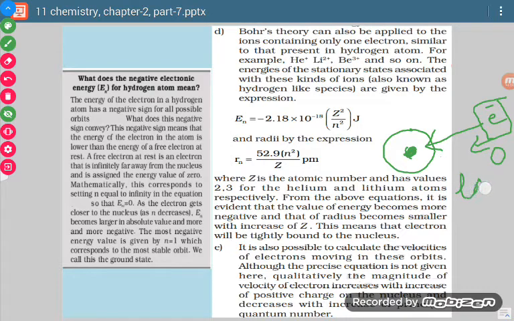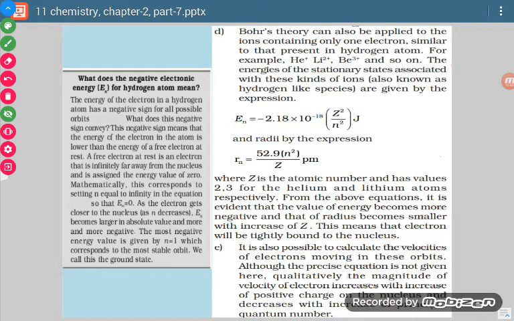Its value of energy was already 0, so when it is losing energy, its value will become negative. So we have to put a negative sign on the energy when it is present in the atom itself. When the electron is inside the atom, we have to assign a negative energy value. So this is the reason why we are doing this.